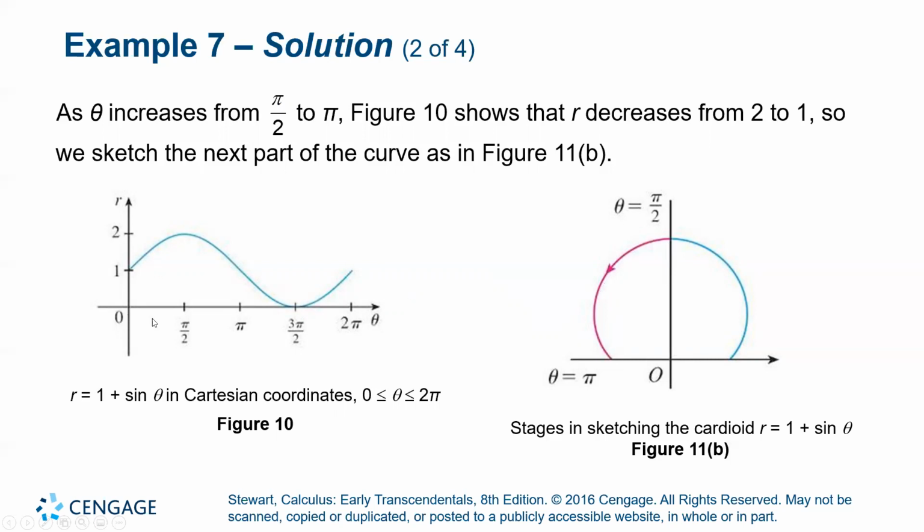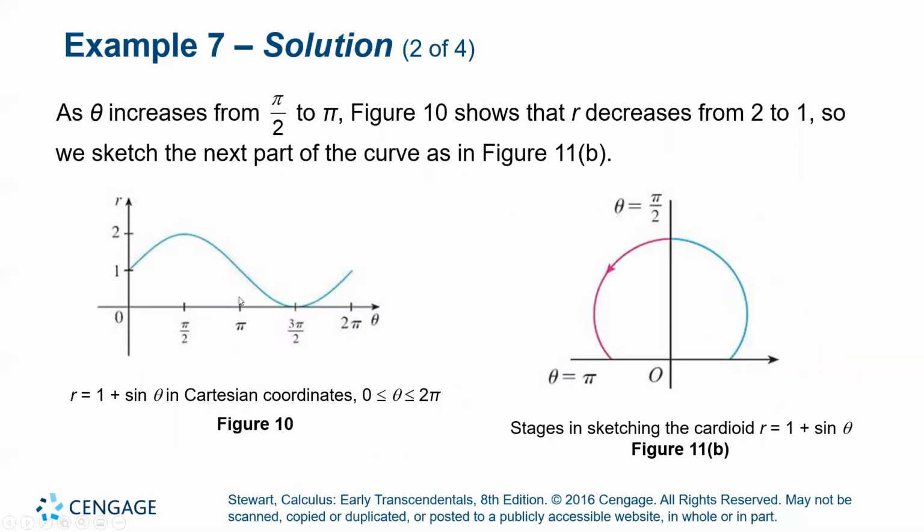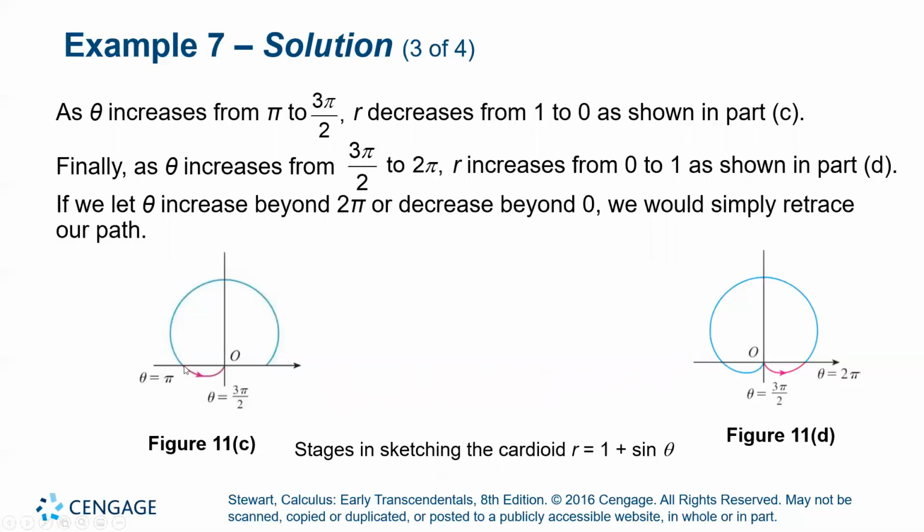Okay, so we've covered from 0 to pi. What about from pi to 2 pi? Well, from pi to 3 pi over 2, what happens? r starts out as 1 and goes down to 0. So our curve starts at pi, where r is 1, and by the time we're at 3 pi over 2, which looks like the negative y-axis, r has to come into 0, which means it pulls all the way back into the origin.